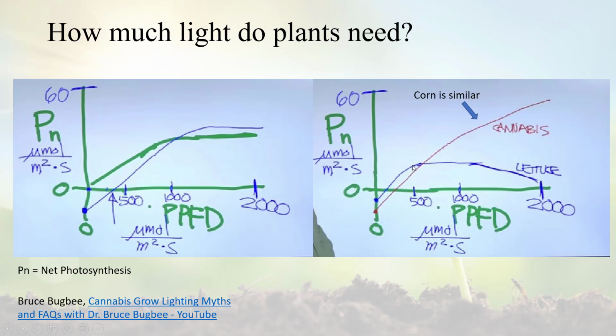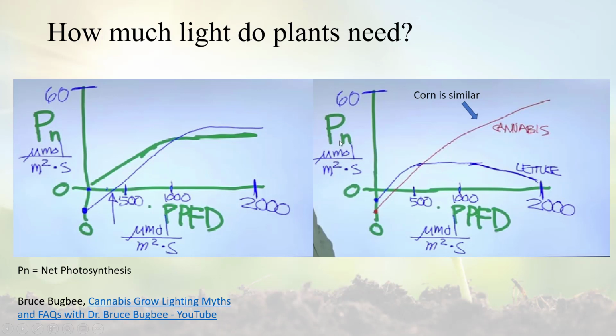So not as much light intensity. If we're growing under artificial lights, you can get away with measuring something around 500 PPFD and you're going to get great growth. Now, cannabis, on the other hand, and corn is similar as well, loves light, and you can really push it and grow it under higher PPFD values, and you're going to see an increase in photosynthesis.